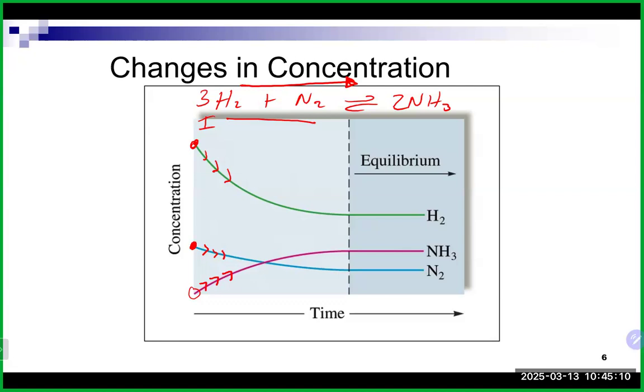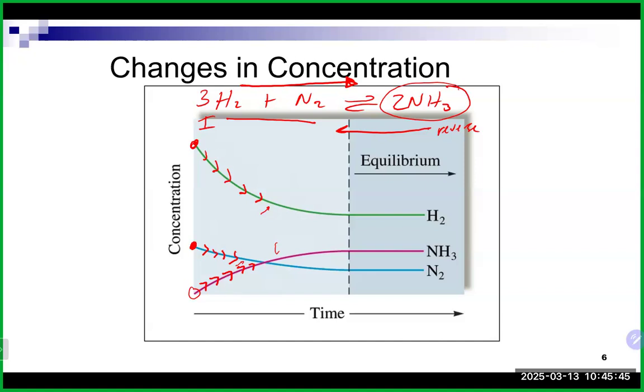As we continue to do this, you will eventually make enough products to allow the reverse reaction to start to kick in. We see that because the reactants are not decreasing as steeply, right? They're starting to level off a little bit. And the product formation is also not increasing as steeply. It's starting to level off as well.